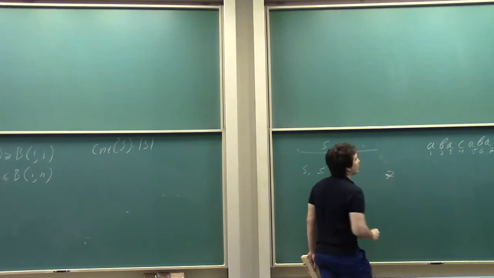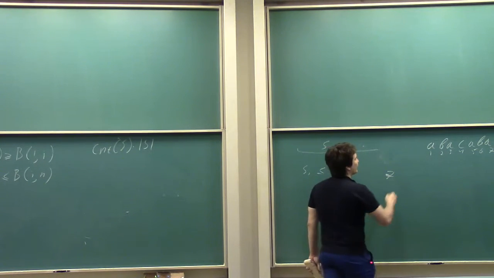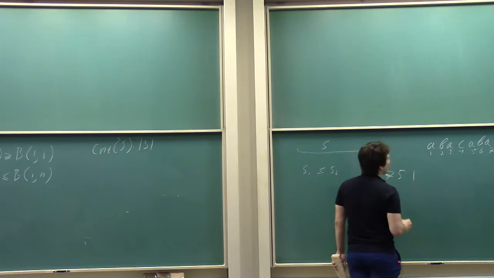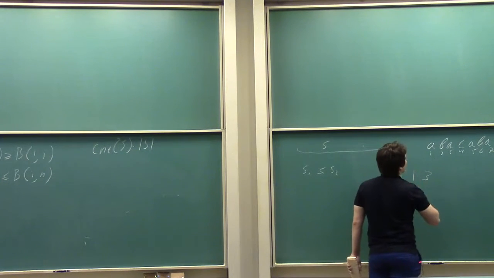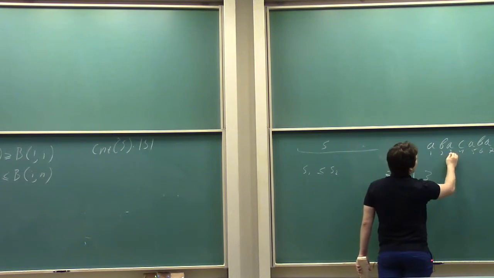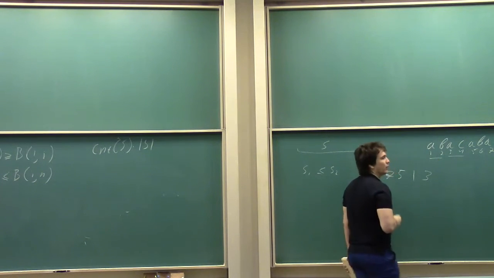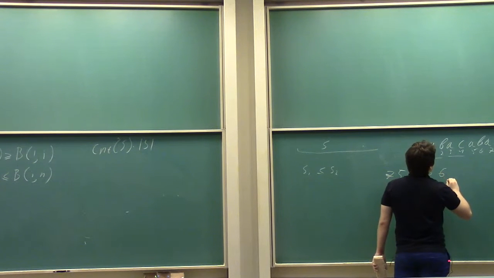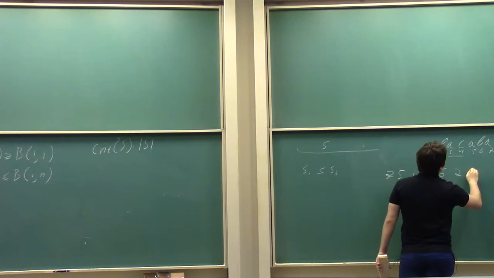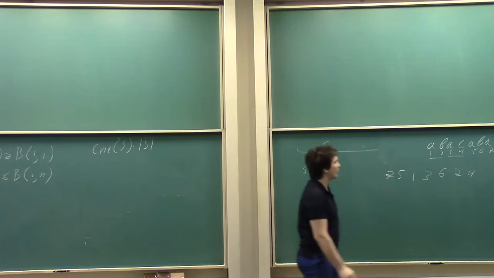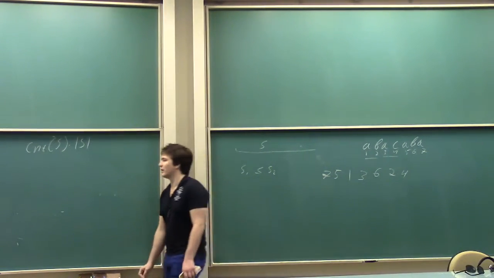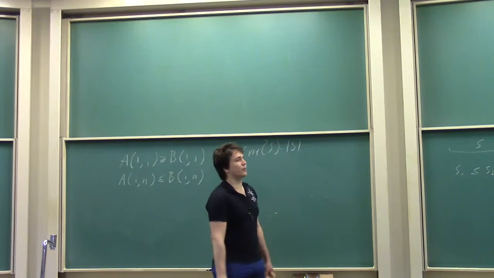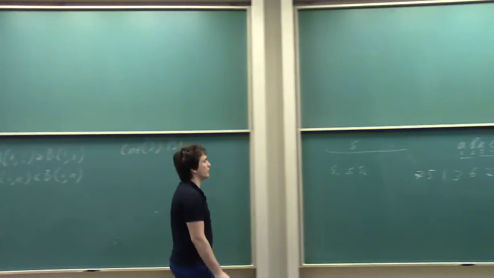So first comes 7, then comes 5, then comes 1, then 3, because you see 1 is smaller than 3 because AB is smaller than AC. Then comes 6, 2, and we finish with 4. So that's the suffix array. I'm not going to talk now about how to build it, you can easily read it.